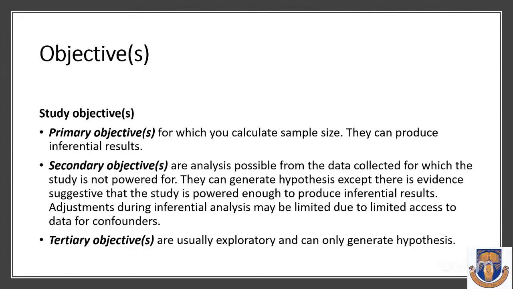Why? Because your primary objective is what you calculated the sample size for. It says categorically that with this sample size calculation, the study is powered. I repeat, the study is powered to answer the study objective.